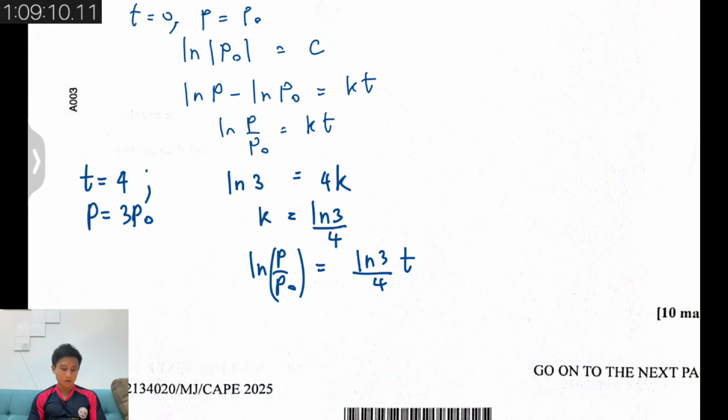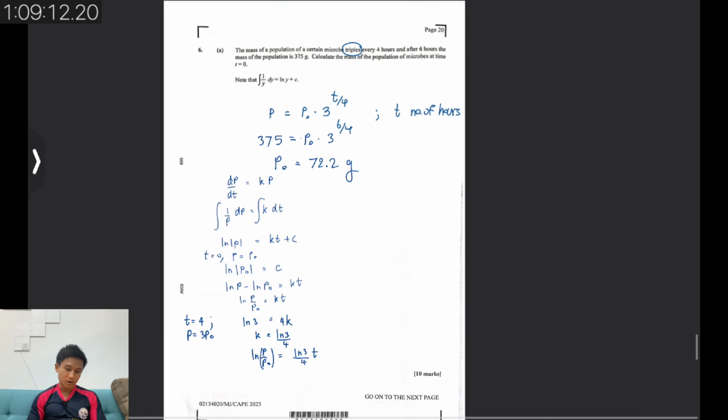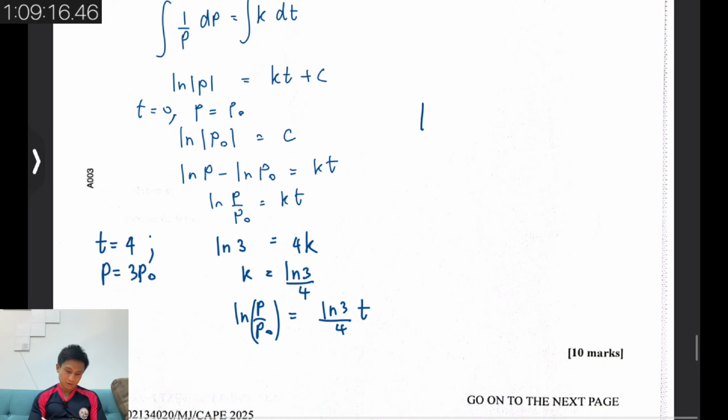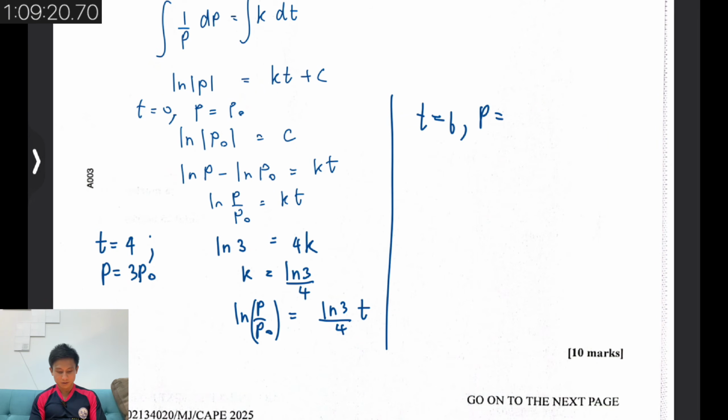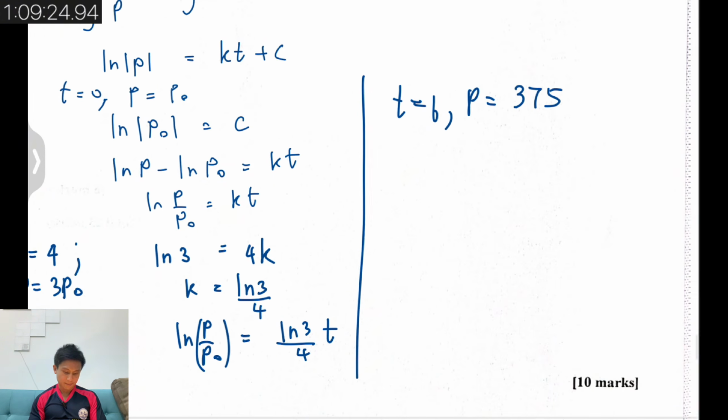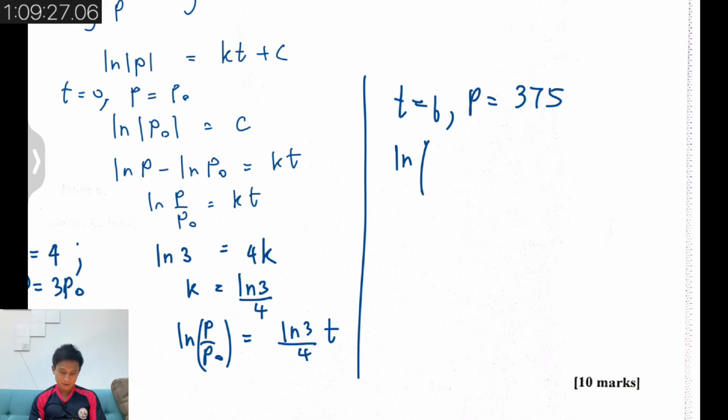Now the last condition, where after 6 hours the mass is 375. So t equals 6, P equals 375. We're going to find P naught there. So ln of 375 divided by P naught equals ln 3 all divided by 4 times 6. And then we're going to solve that equation.